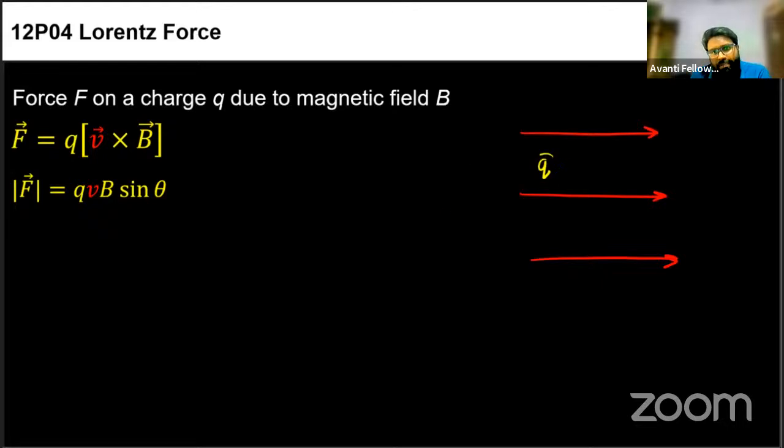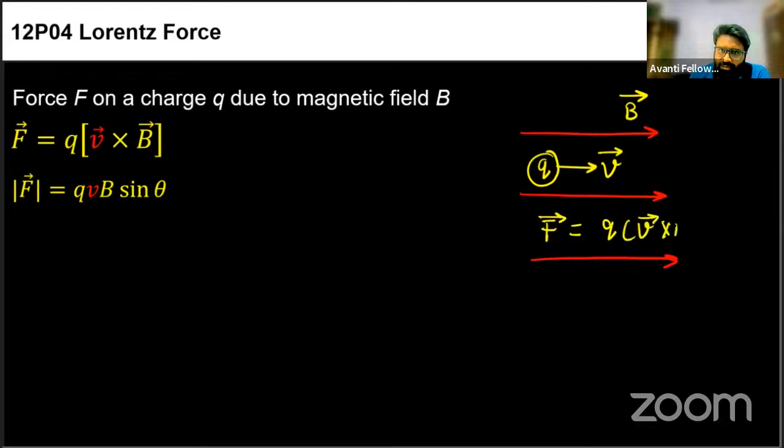So this q, if it is moving with a velocity vector v, and this is the magnetic field vector B, we will see that F vector, the force applied by the magnetic field on this charge, is q into v vector cross B vector.